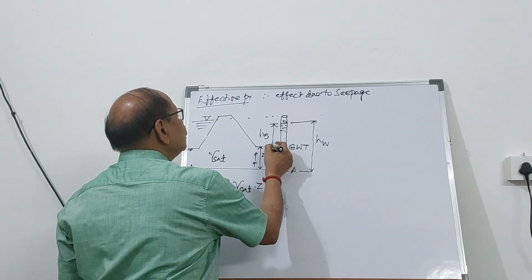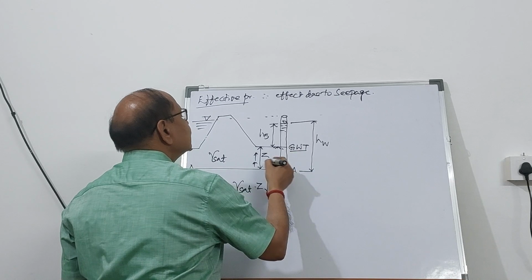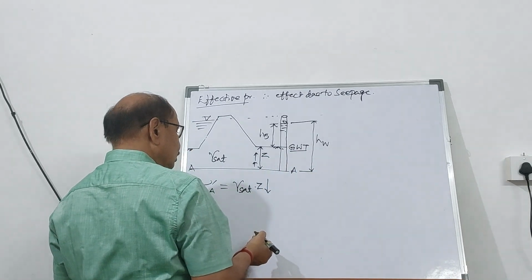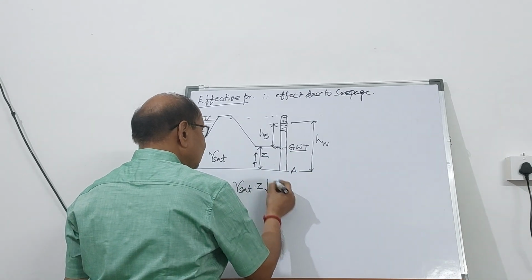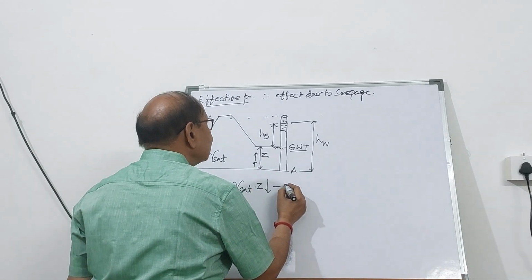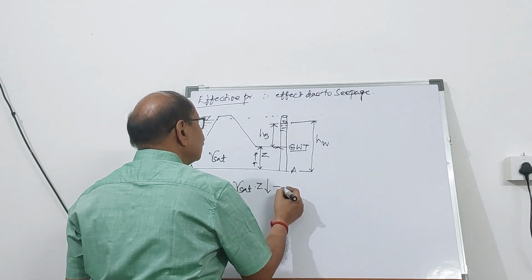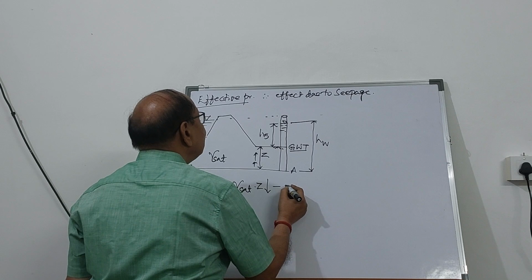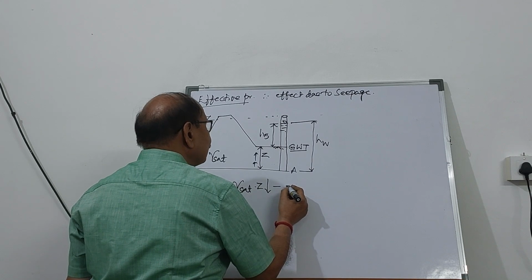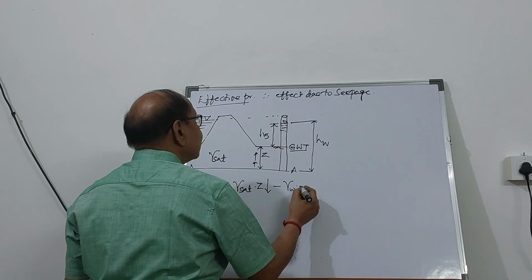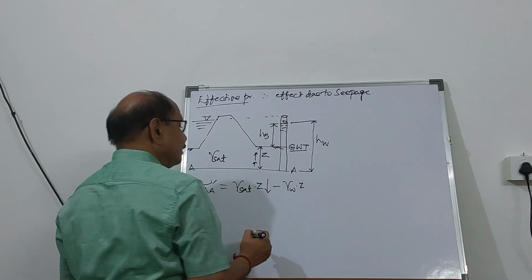Now the water is oozing out from here, groundwater is coming out. So here the pore water pressure, U, that is going to act in the upward direction, will be equal to gamma W, that is the unit weight of water, multiplied by Z.